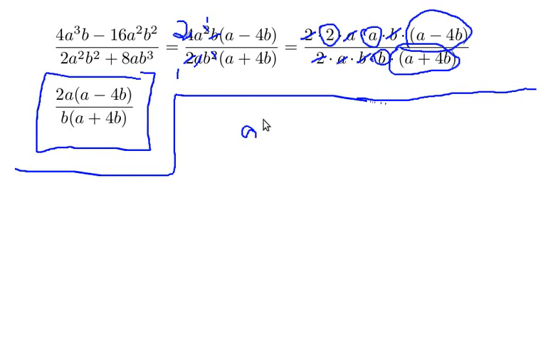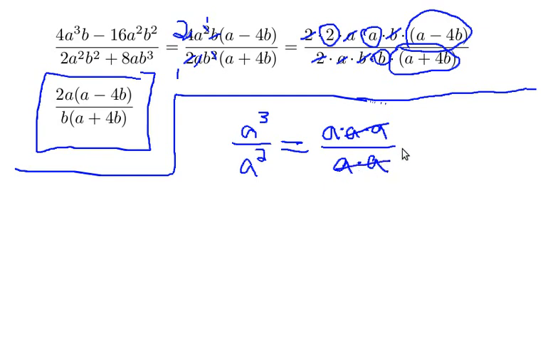What this means is a times a times a. So this is kind of an aside, but it's still good. That means we can cancel 2 a's, and we'll have just a left. We'll have a over 1, which is a.